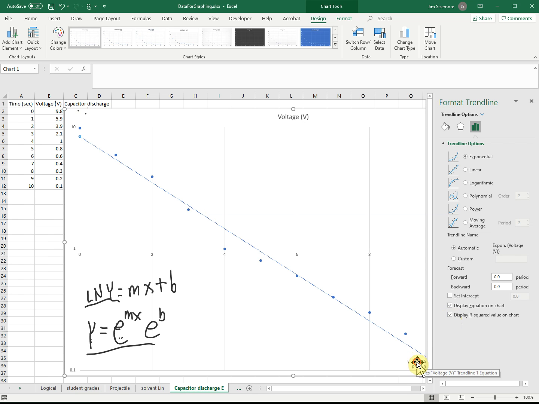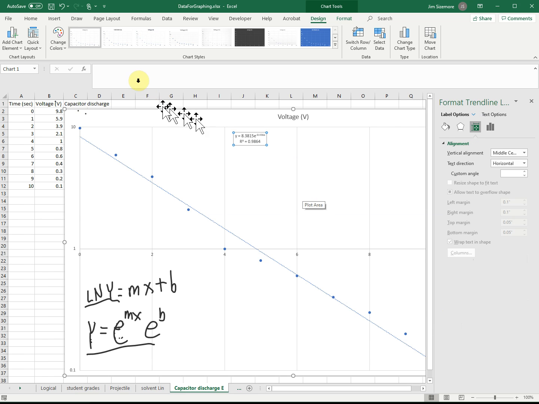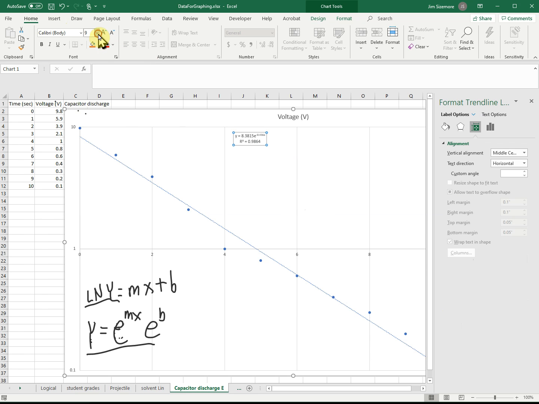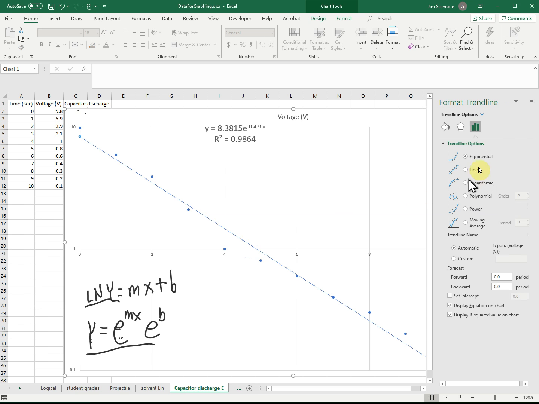And remember that r squared helps us with understanding if it's a good fit or not. So good fit. And I'm going to make the box bigger so you guys can see it. There we go. Go back to my trend line. Just click directly on the trend line. You get the trend line options up again.